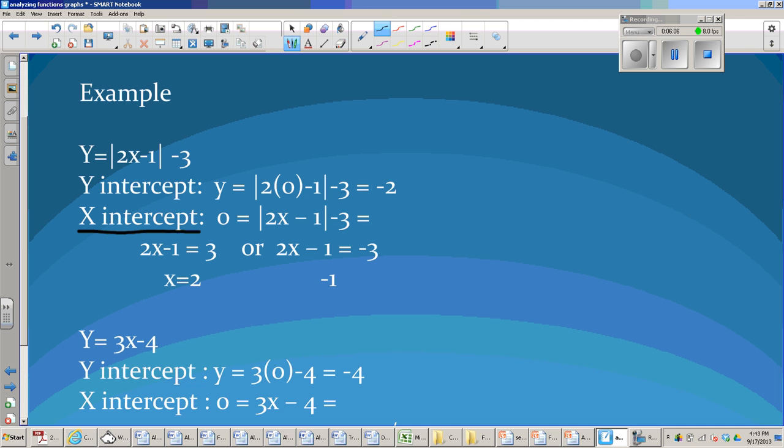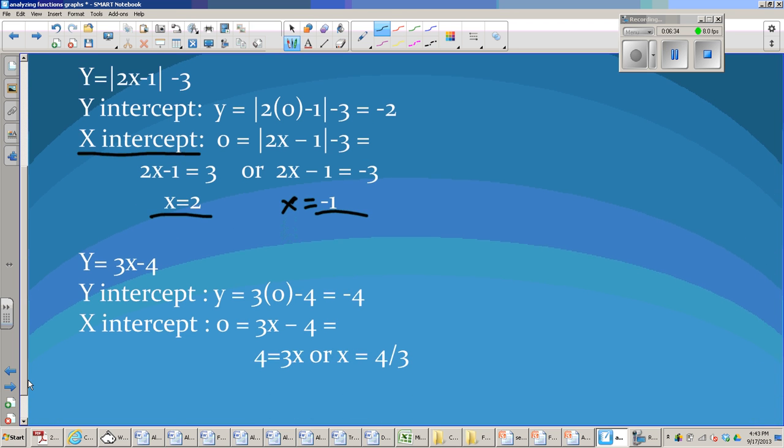Remember, we have absolute value, so we need to make 2 cases. 2x subtract 1 equals 3, or 2x subtract 1 equals -3. Then x equals 2, and x equals -1. So we actually have 2 x-intercepts, which means this graph crosses the x-axis twice.